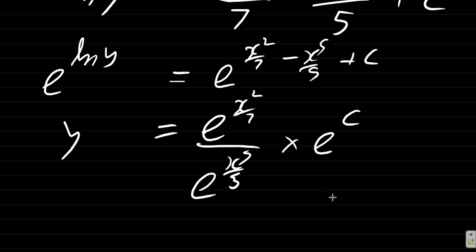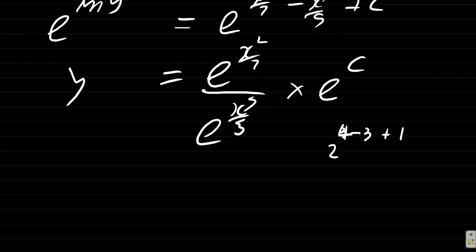Right? You remember, it's like you're saying 2 to the power of 4 minus 3 plus 1. It would be 4 minus 3 is 1, 1 plus 1 is 2, that will be 2 squared. But it's the same as 2 to the 4th over 2 to the 3 times 2 to the 1.